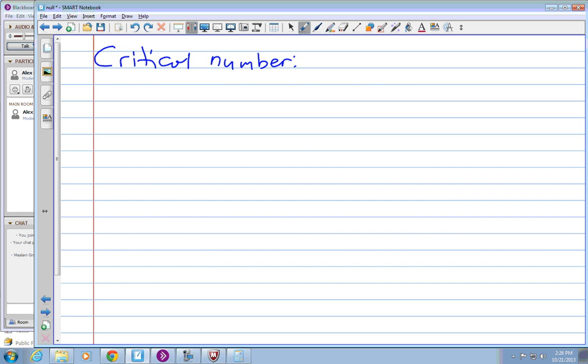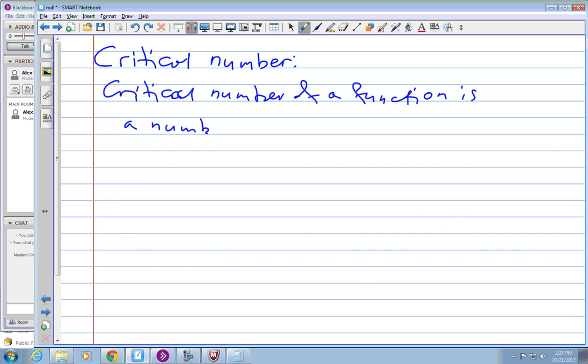All right, so a critical number of a function is a number that makes the function 0 or undefined. So zeros, the x-intercepts, and whatever is not in the domain. Because those are the places where the sign of the function can change. And that's the big thing.